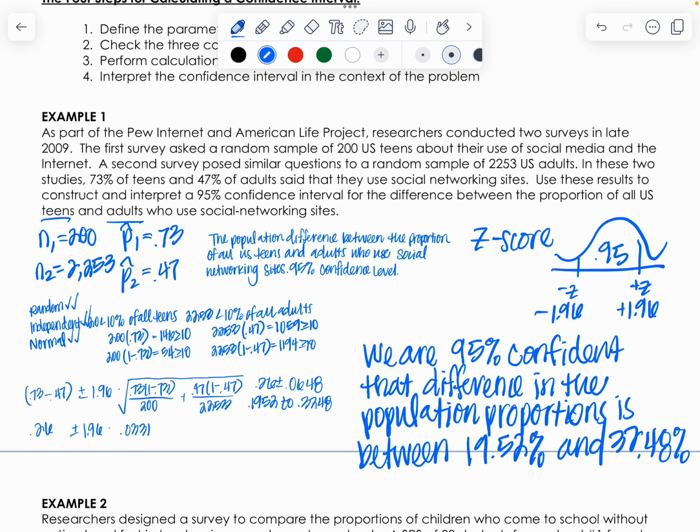Now remember, because we already defined the fact that we're doing teens minus adults, we did that up here.